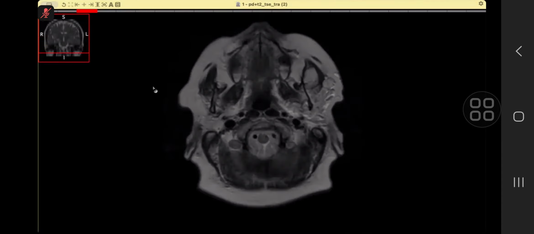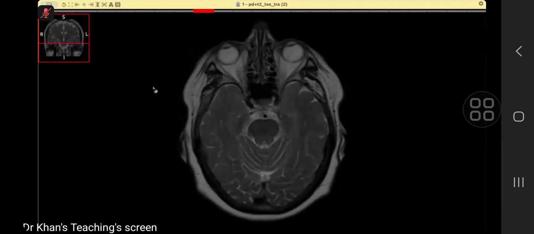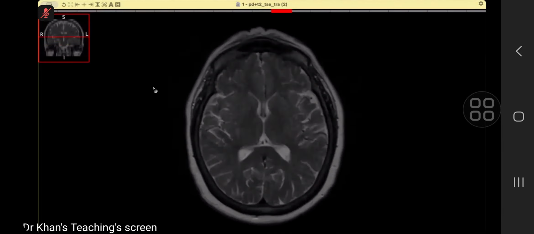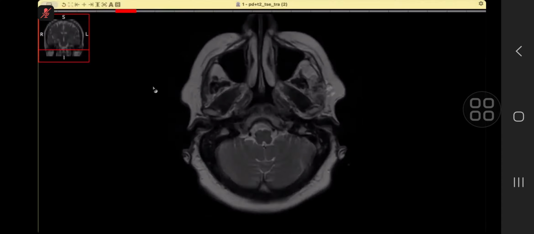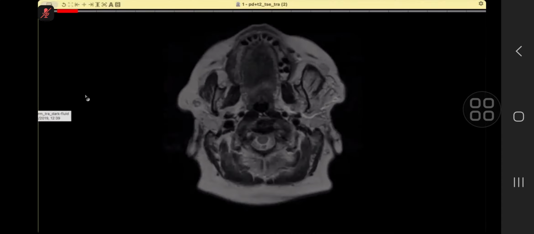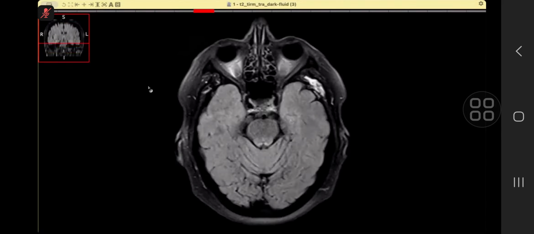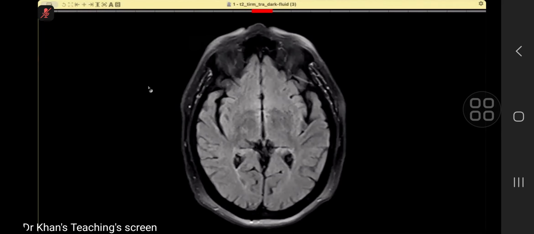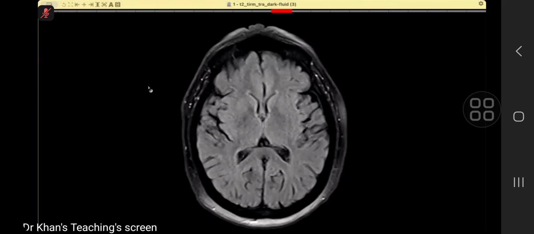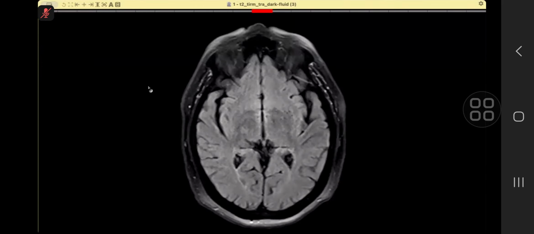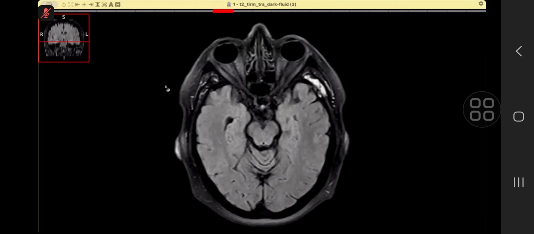I'm not able to see any significant pathology. If the CT images are available, probably I will be able to comment on the CT scans. I'll give you a last try on these FLAIR sequences. Let me tell you, I'll scroll for you once again.